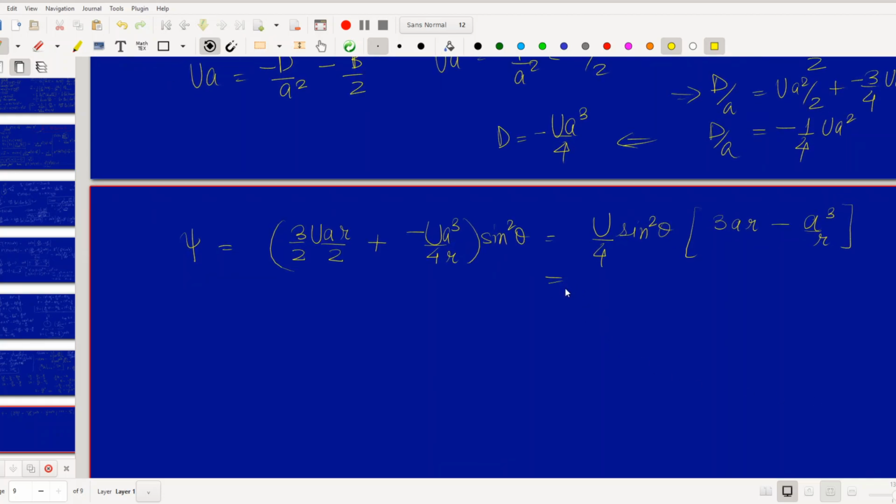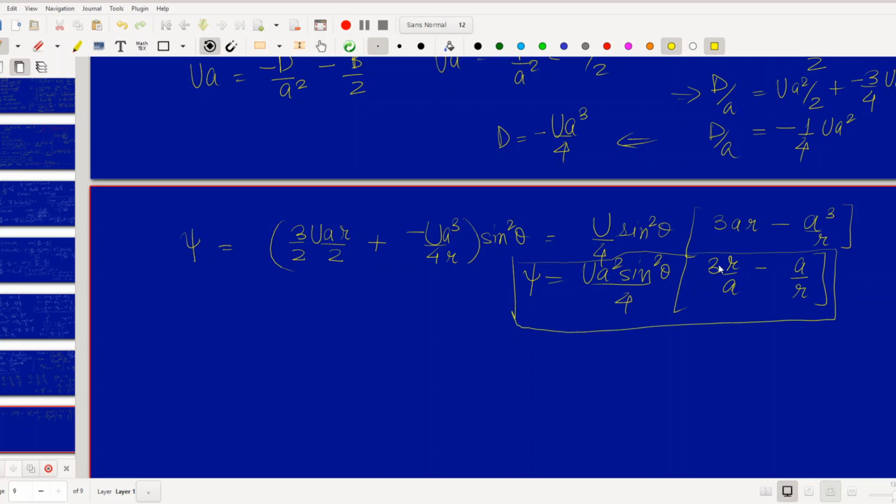So let's take a square outside as well. So u a square sine square theta upon 4 times 3 r upon a minus a cube by r cube. Oh, sorry, a upon r. Okay, so psi is equal to u a square sine square theta upon 4 times 3 r by a minus a by r.